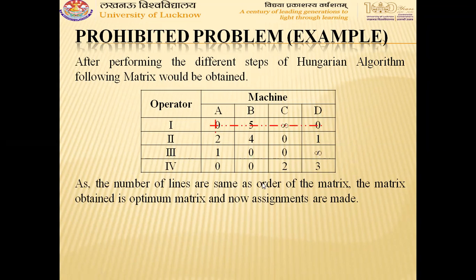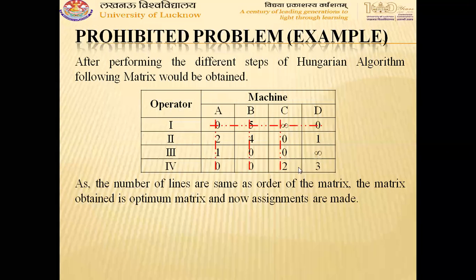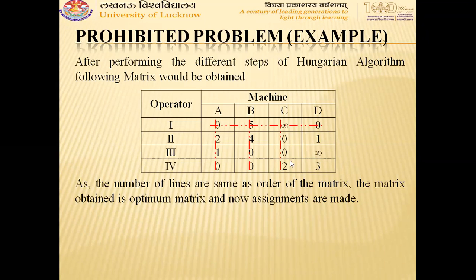And we can now draw the lines. Here you can see the number of lines is equal to the order of the matrix, so it is the optimum assignment matrix. And infinity is put in place of the restricted costs.